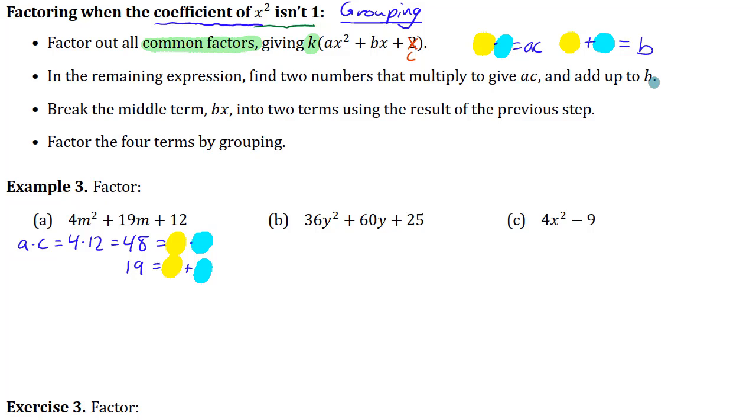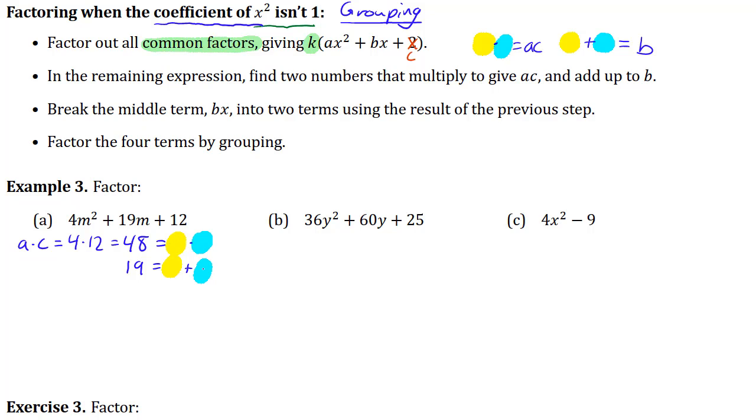Well, 48 is 4 times 12. Does that work? Unfortunately, that adds up to 16, so that doesn't quite work. This is trial and error; you've got to try some stuff. If you do 48 times 1, that adds up to 49, so that doesn't work.